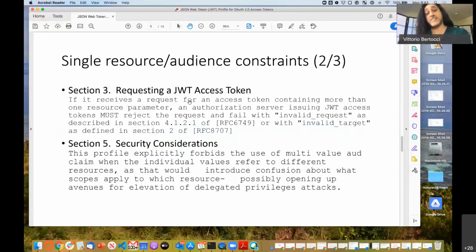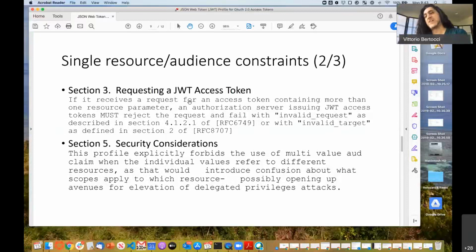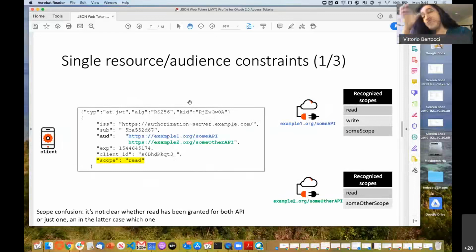Today the spec requires that when a requester specifies a resource and there are scopes, you have only one resource, and all the scopes you are requesting are relevant to that resource. Or if you are asking for multiple scopes and no resource, all the scopes refer to only one resource. And the reason, just to show graphically what the security considerations say, is to prevent the situation that we have in here.